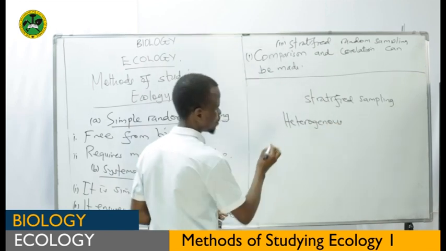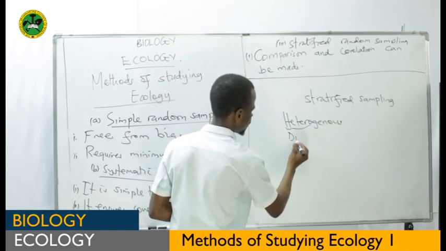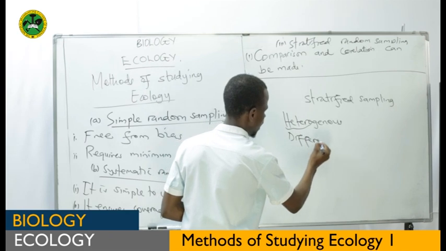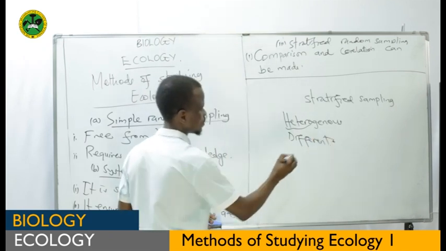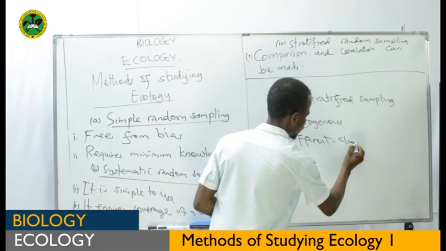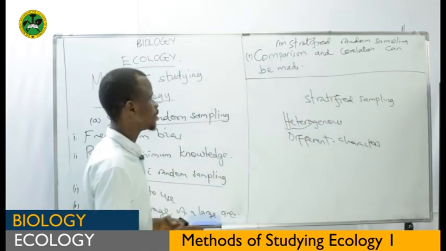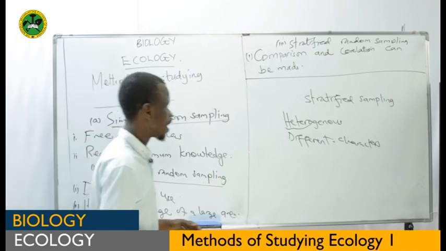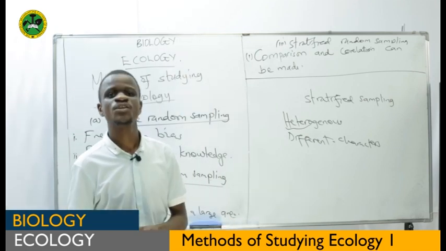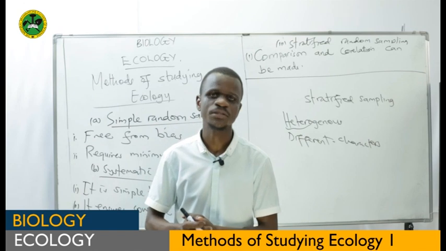What is heterogeneous? The word hetero means difference. Therefore, the population is having members of different characters. Therefore, when you are sampling a population which has members of different characters, use stratified sampling.